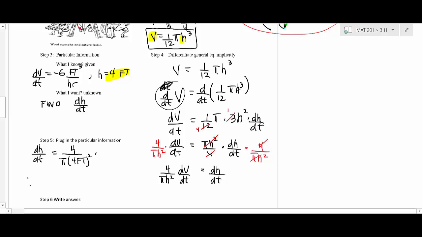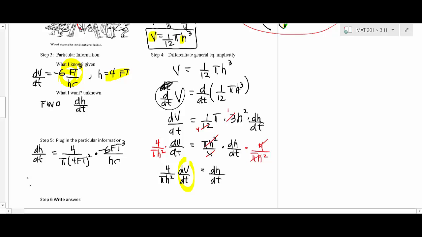And then what is dv over dt? That was -6, right? So you plug that in. dV over dt is -6 cubic feet per hour. And then we just got to work out the arithmetic.